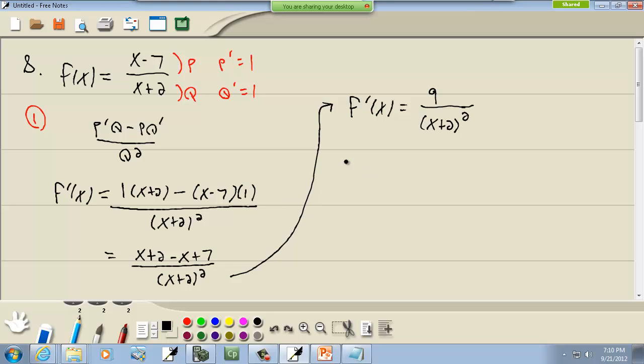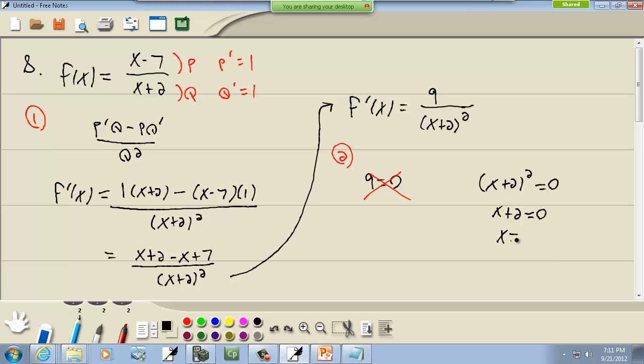Well, remember our steps for the critical values. You set the top part equal to 0. You set the bottom part equal to 0. Now 9 equal to 0. There's no x to solve for there, so we can just drop that. Over here, if you got parentheses to a power, you can drop the power if you got it equal to 0. Remember that little trick.